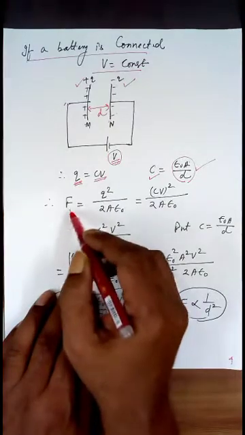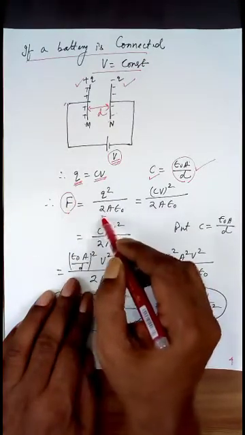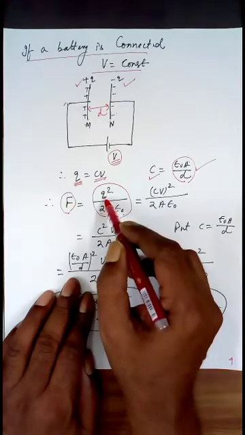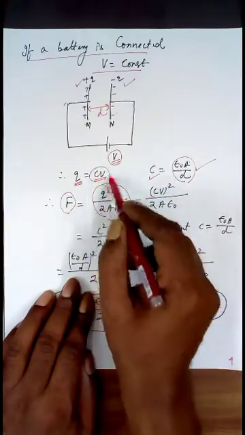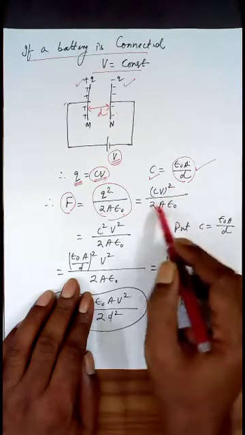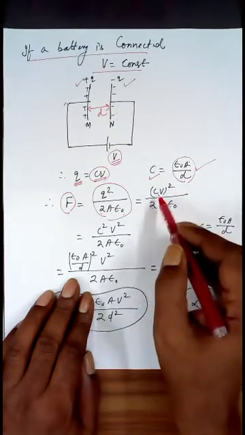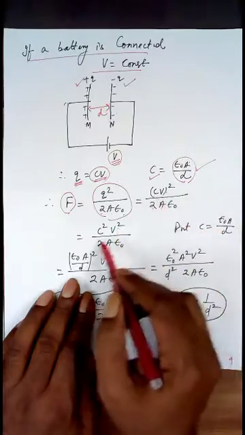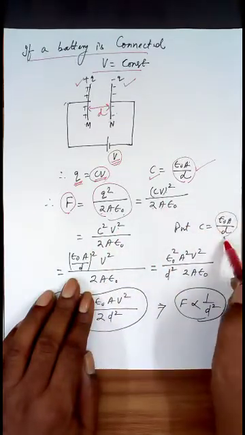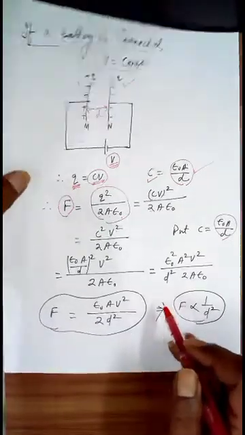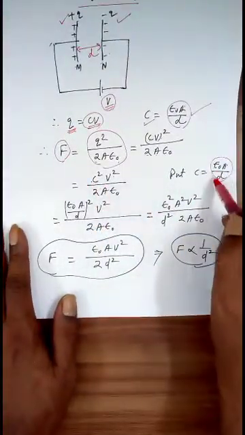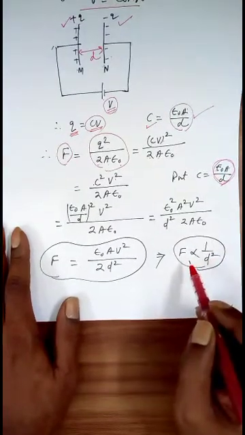And we have just derived that the force on each plate is equal to Q square by 2A epsilon naught. So for Q I can substitute CV, square of that, by 2A epsilon naught. So this becomes C square V square by 2A epsilon naught. Now for C I will put epsilon naught A over D, which is the capacitance of a parallel plate capacitor.